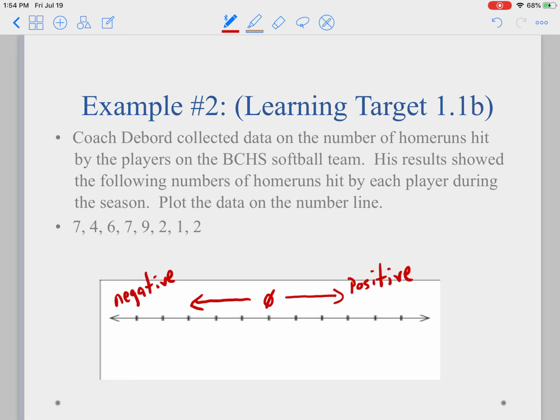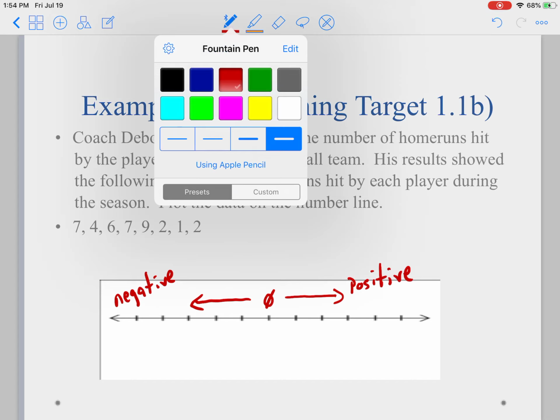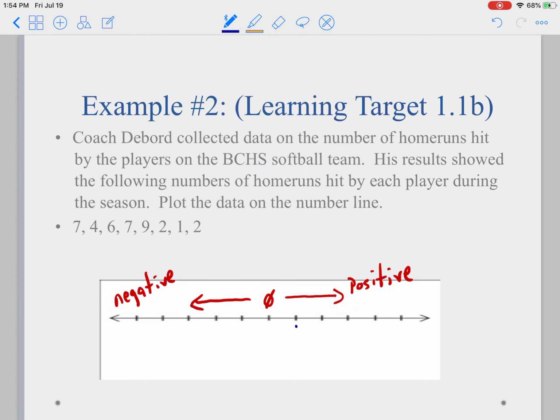And this is our set of all real numbers. And so if I were to put numbers in general, our integers, because we have both positive and negative, we would say 1, 2, 3, 4, 5. And in this direction, we would have negative 1, negative 2, negative 3, negative 4, and negative 5. So we have our integers.